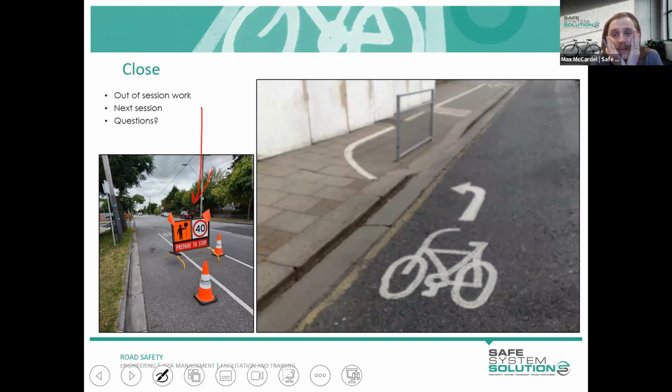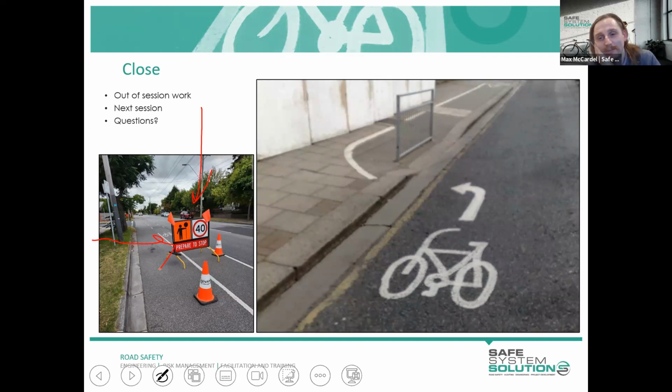Just have a real think about how cyclists would use that network, where they're going to go, where they want to go, is it safe for them to access from A to B? Because this is incredibly common and incredibly frustrating as a cyclist, where your lane just gets closed.